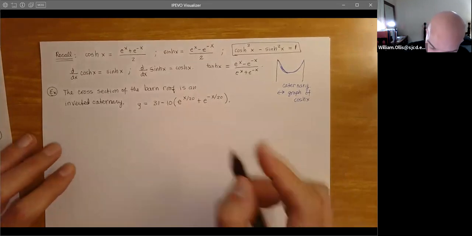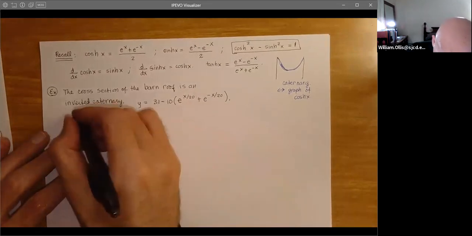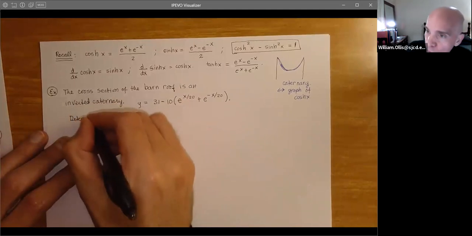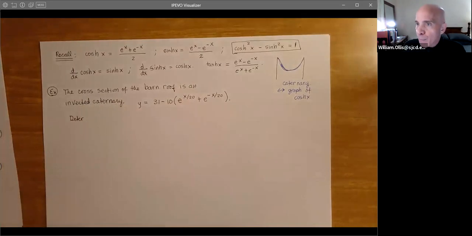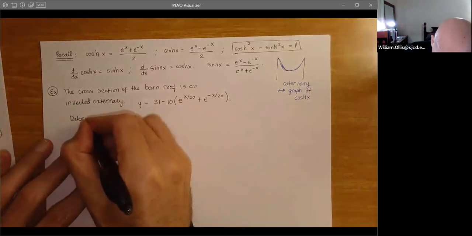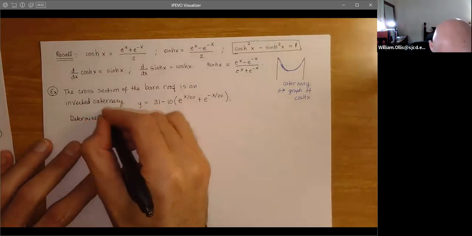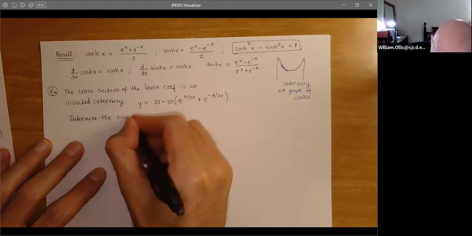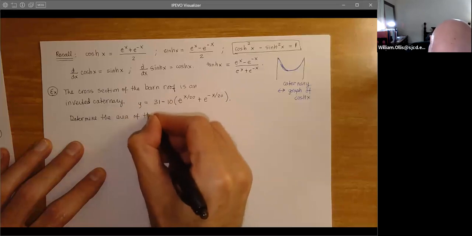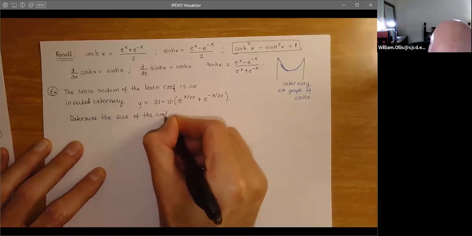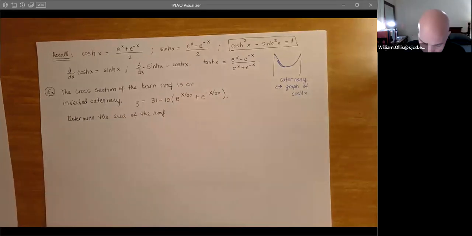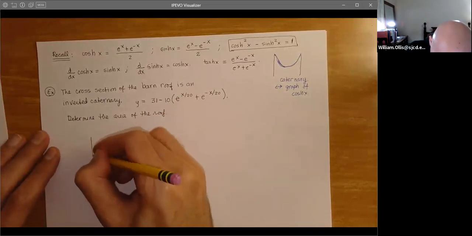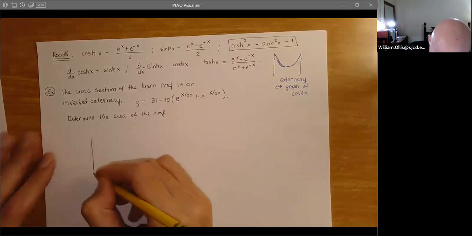It says determine the area of the roof, and I'll draw the picture from WebAssign. So we're going to do an arc length calculation and then just multiply by the breadth of the roof. So determine the area of the roof. The way it's written, there's a nice little diagram here in your WebAssign. So this makes a nice arc length problem.